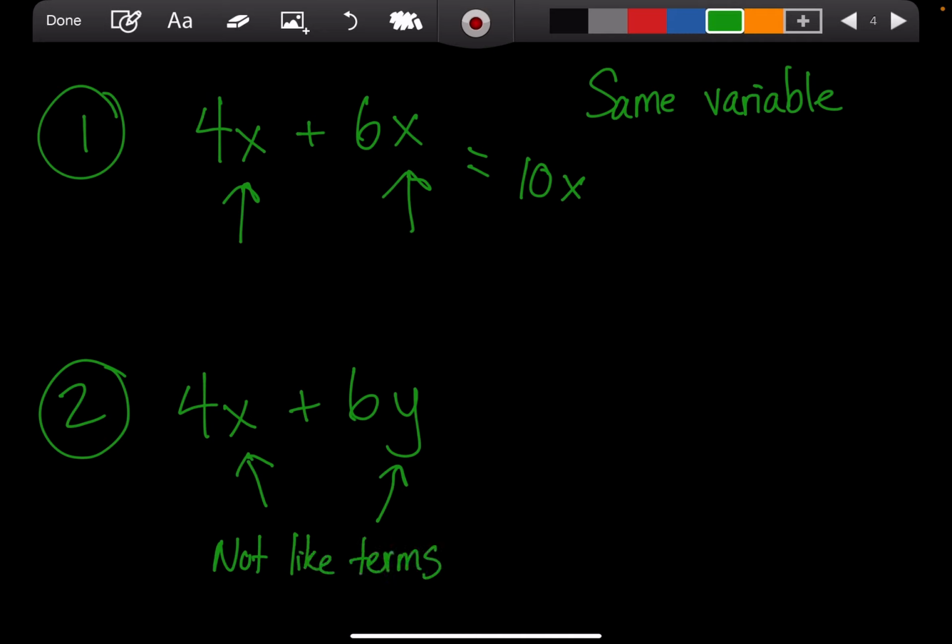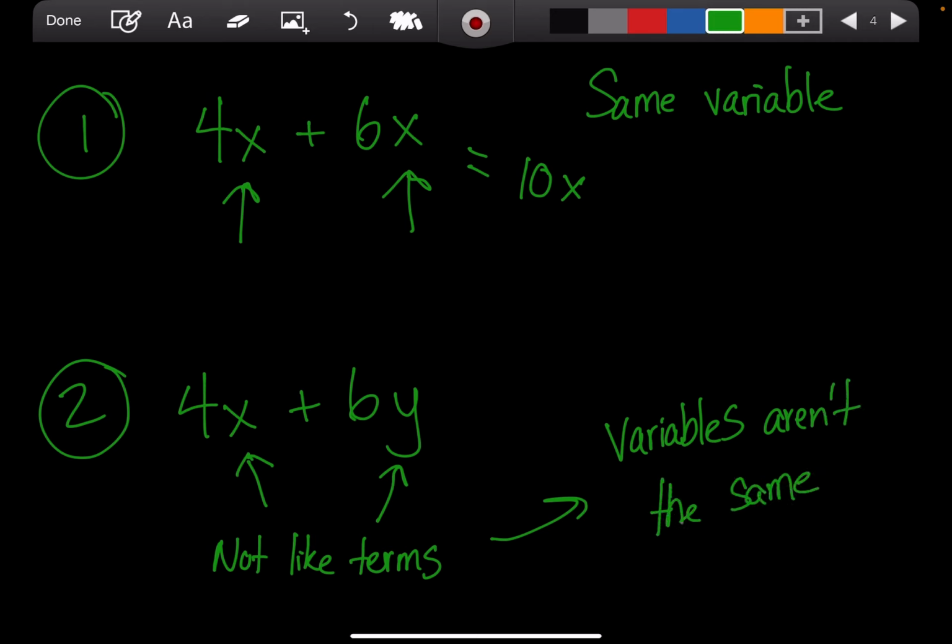Our reason over here is variables aren't the same. So there's an example of where we cannot combine these terms. They are not like terms. We have to leave the expression like it is right here. All right, so let's keep going.